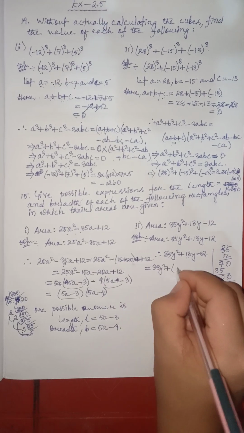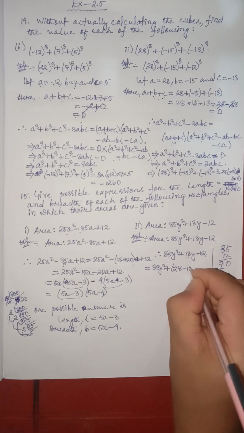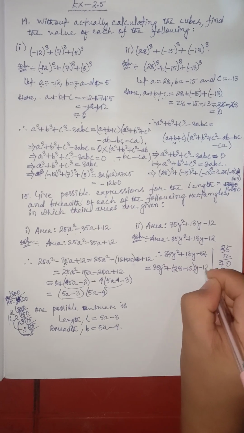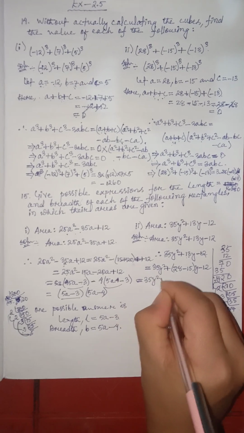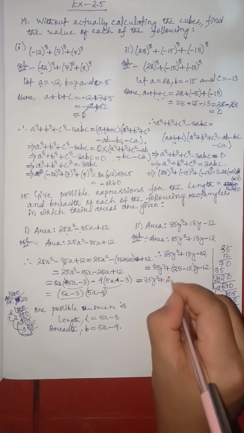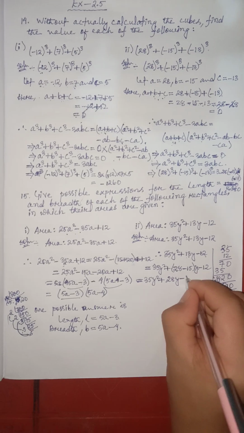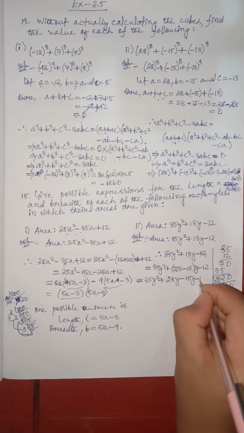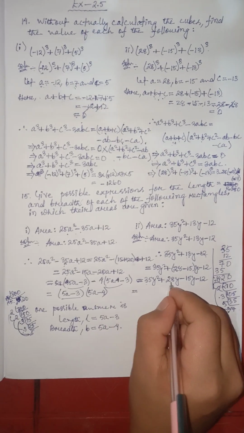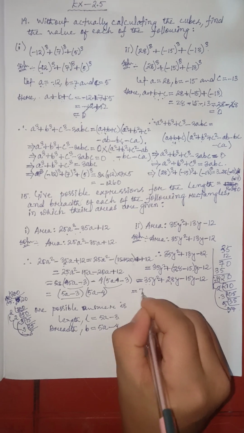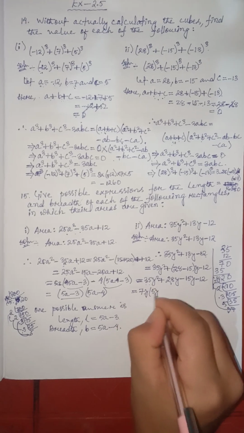Now let us take this. It will be 28 minus 15y. It is 35y square plus 28y minus 15y minus 12. Then here we have to take some common out of these two. It will be 7. 7 times 5 is 35, and y into y is y square.